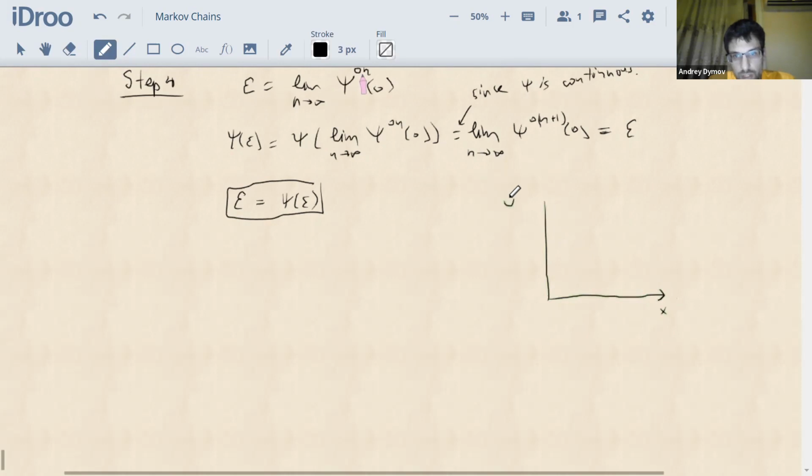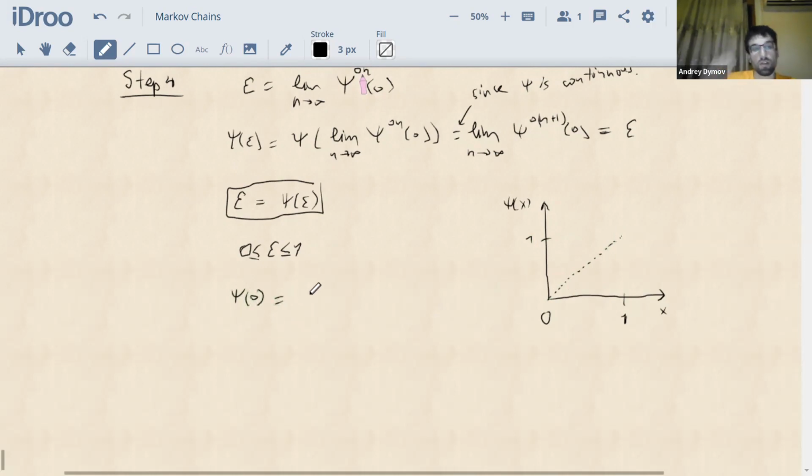X, psi of x. So here we have x equal to 1. Of course, epsilon is smaller than or equal to 1 because epsilon is a probability, and it starts from 0. So I'm interested in this interval. Let me draw the diagonal, and let me try to understand what is the value of psi at the initial moment of time.